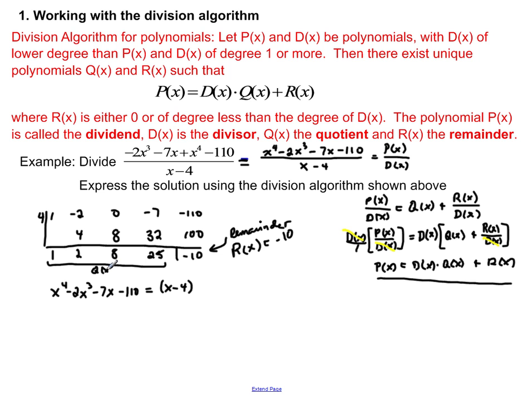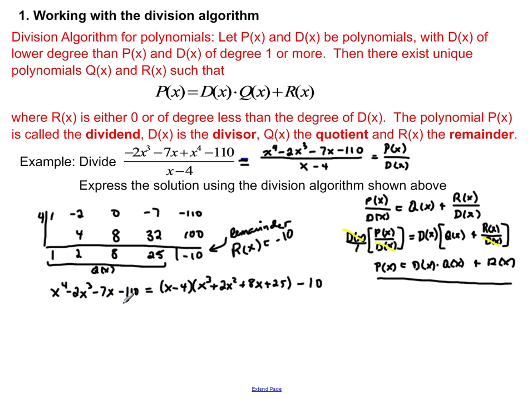Q of x is represented by these coefficients. So q of x would be x to the third, 1 degree less than what we started out with for p of x, plus 2x squared, plus 8x, plus 25. All of that added to our remainder function, r of x, which is in this case minus 10.